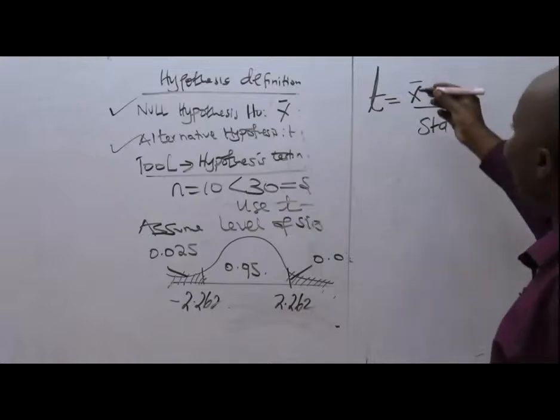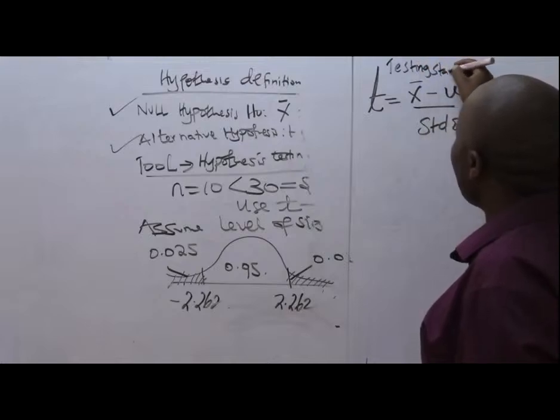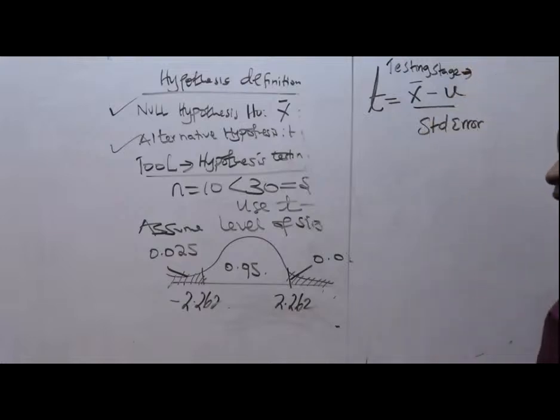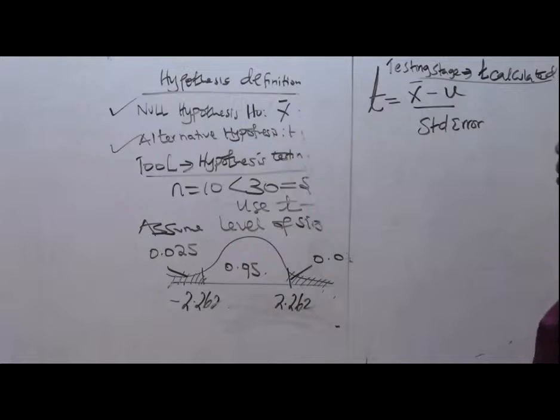This is the testing stage now. This is what we call the T calculated. So the T calculated is T equals X bar minus mu all over the standard error.